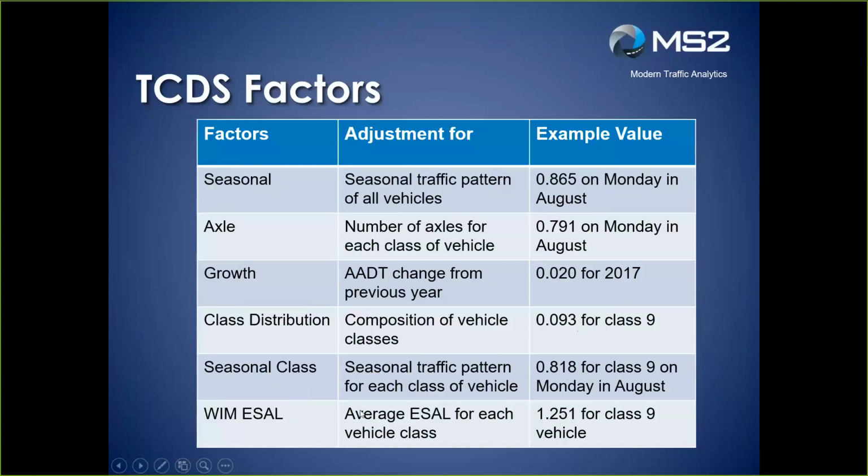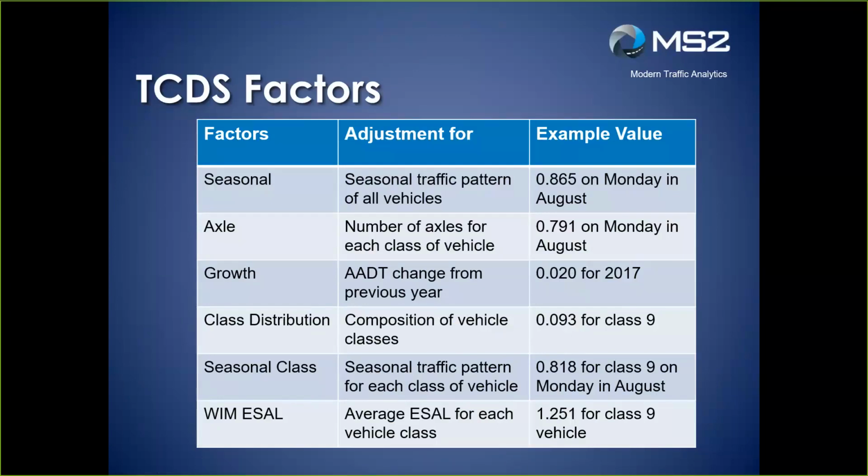And then the last factor we have is called the ESAL, because you may want to know the ESAL value for all count locations throughout the state. So what our system can do is find out the average ESAL for each type of vehicle for this area. For example, you could have 1.251 ESAL for class 9 vehicles.